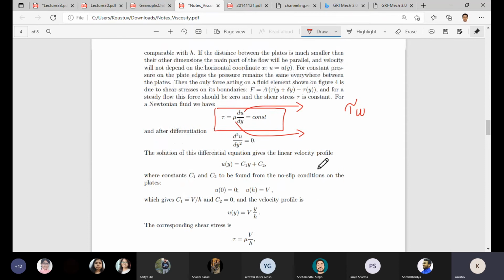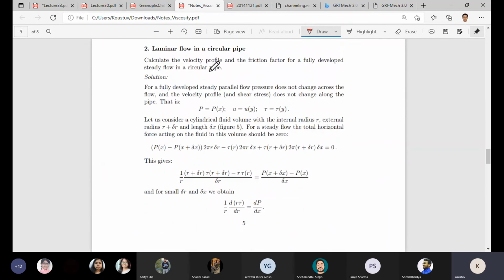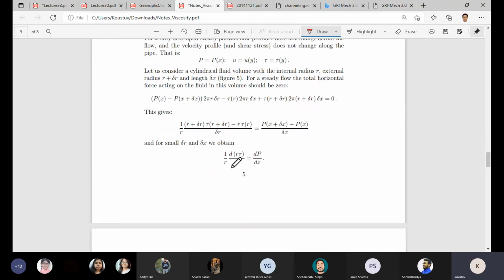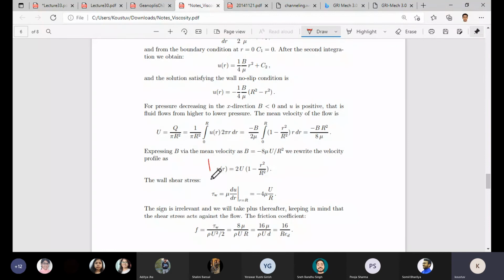Now these expressions are basically for laminar flow in a circular pipe, which you are familiar with, where you get a velocity profile of this kind, and you know the wall shear stress, tau w. This tau w expression is related to delta p by l.